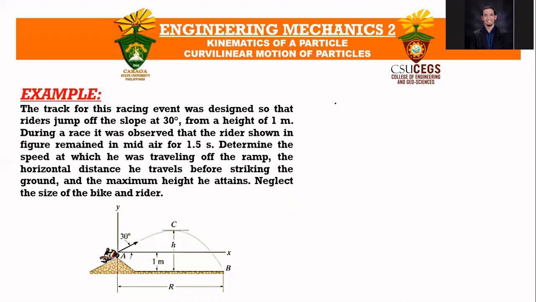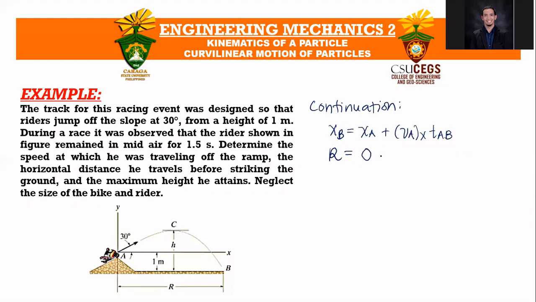So just a continuation. The final position is XB. Initial is XA plus VAX times the time from point A to point B. So our XB is the R, which is the unknown.